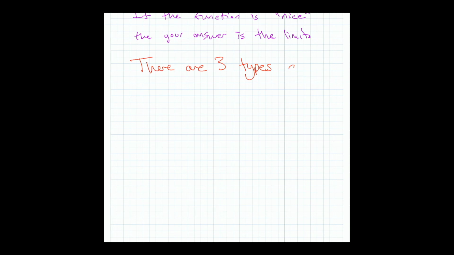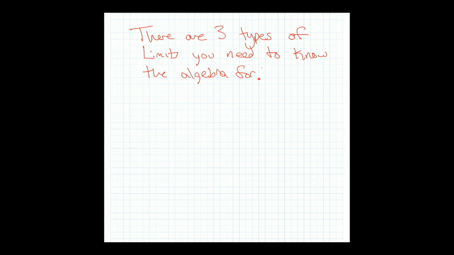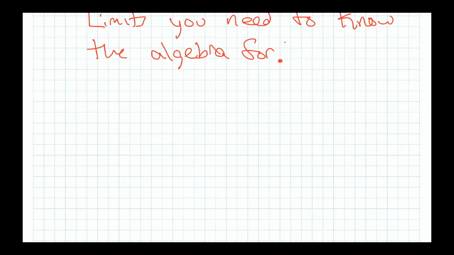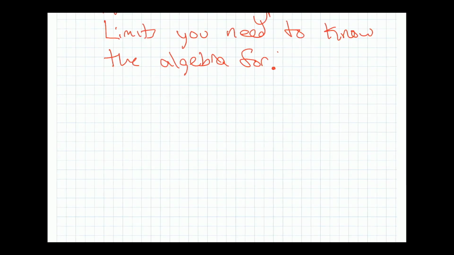There are 3 types of limits you need to know how to do the algebra for. They don't really have names, but you can summarize them in a way that makes sense. So here's one type. One type I call the polynomial type.